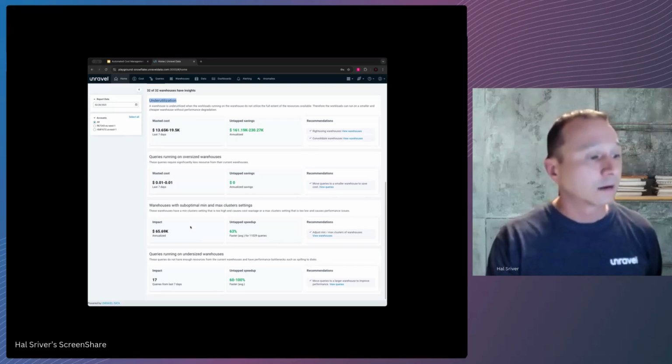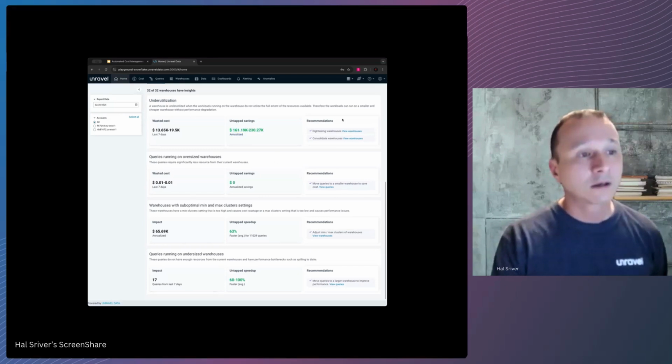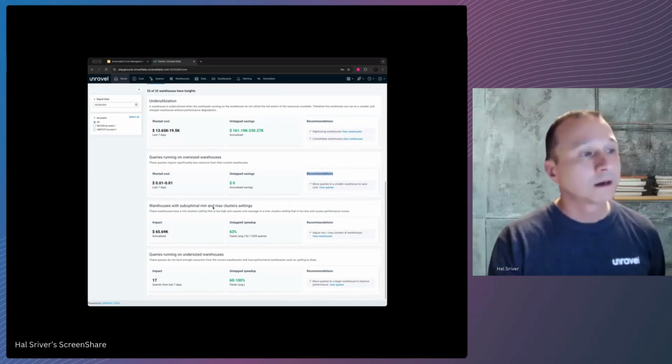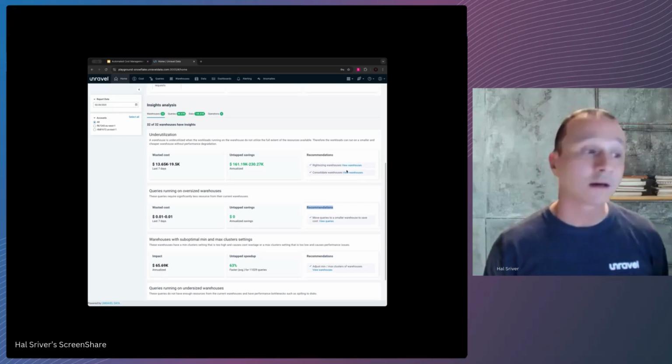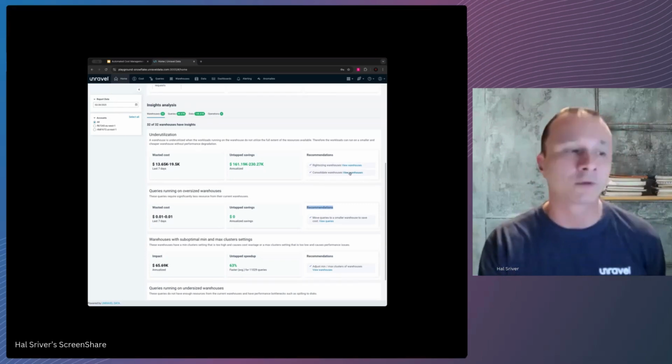What's the impact with all of these in terms of wasted cost? How much savings can be realized from an annualized perspective in these categories by applying the Unravel recommendations? So I think what I'm going to do here is dive into one of these and run through one of these examples.